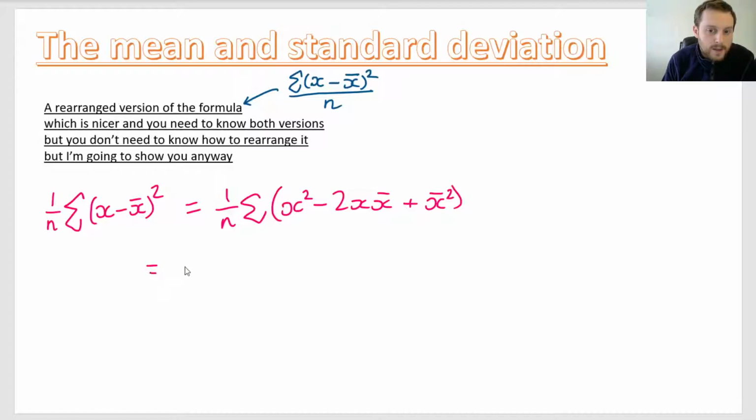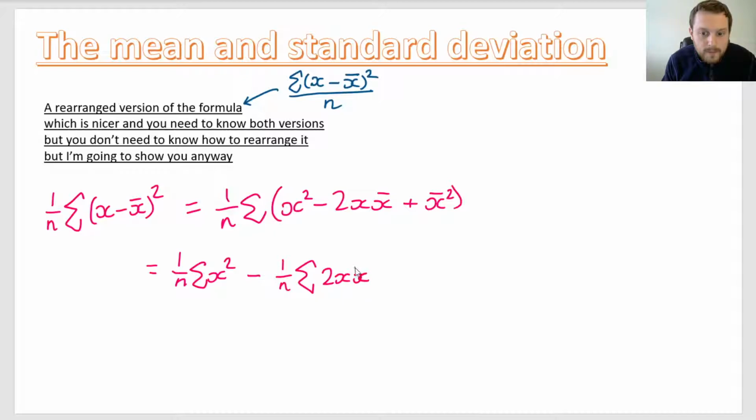So let's now split this up. So this is 1 over n sum of x squared minus 2 lots of 1 over n sum of x, 2x x bar, and then finally plus 1 over n the sum of x bar squared. Sorry about this, guys. I'm trying to do this quickly, and it's not something I should really be doing quickly.